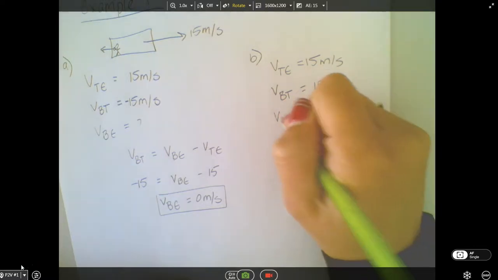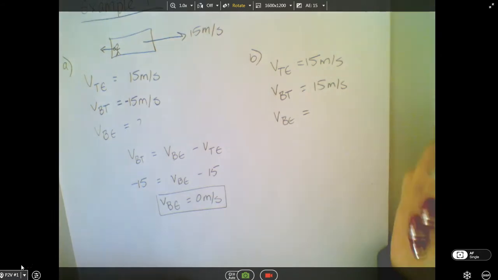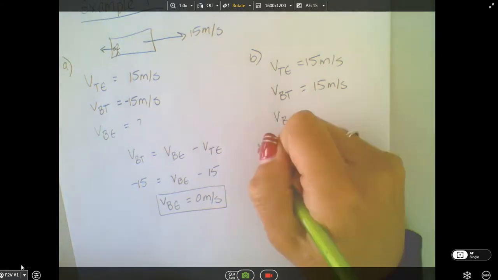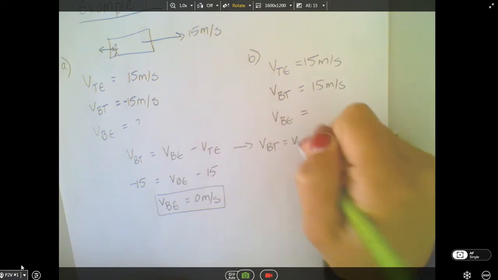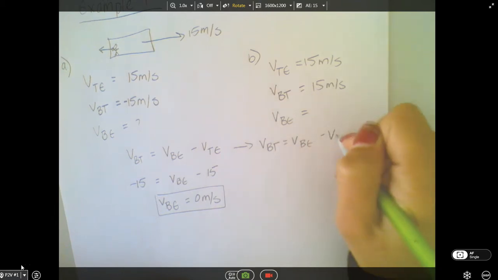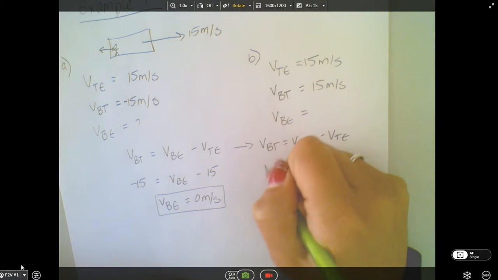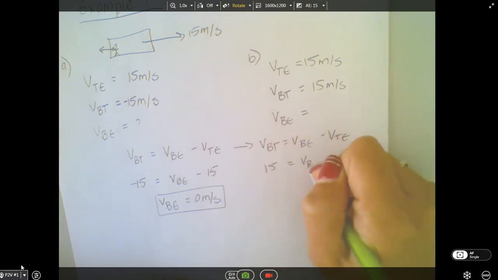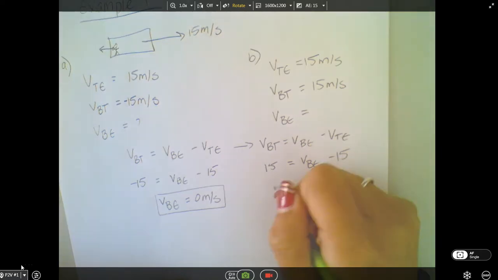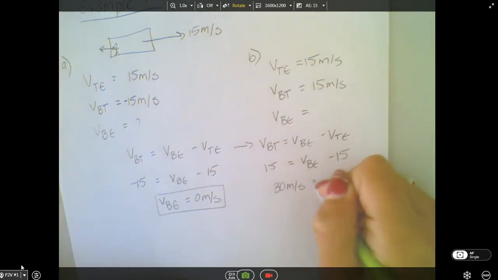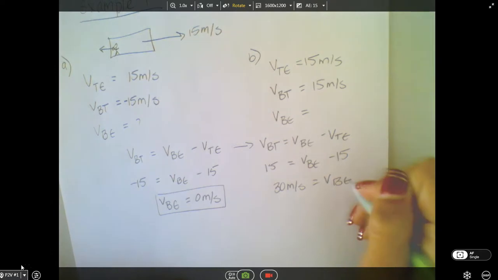So now, as an observer outside the train, let's find out what we would see. Same equation, we're just going to use the same VBT equals VBE minus VTE. We plug in: we have 15 equals VBE minus 15. And then if we add the 15 to the other side, now we have 30 meters per second as the velocity of the ball relative to the Earth.